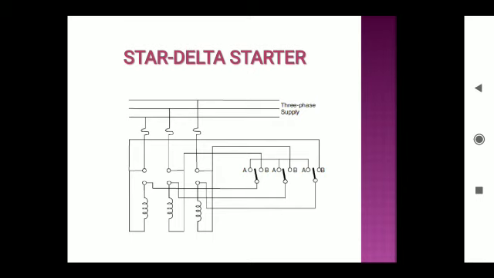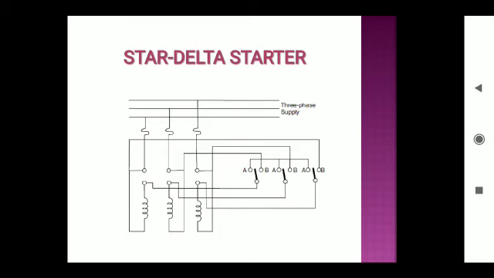Now, the next is the star delta starter. This is a very common type of starter and extensively used compared to the other types of starter. A star delta starter is used for a cage motor designed to run normally on delta connected stator winding.